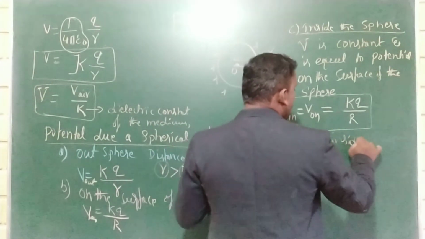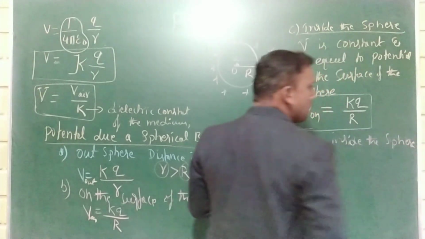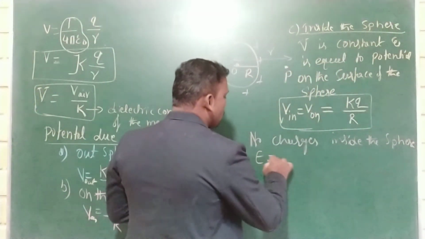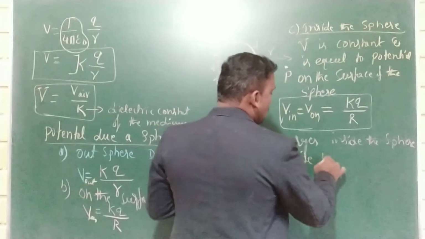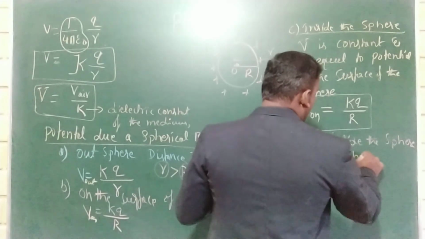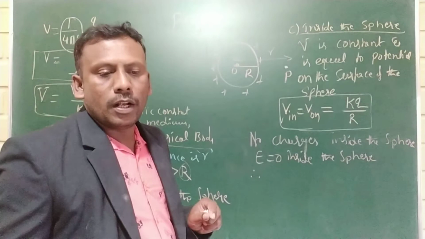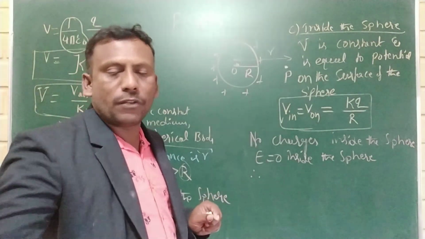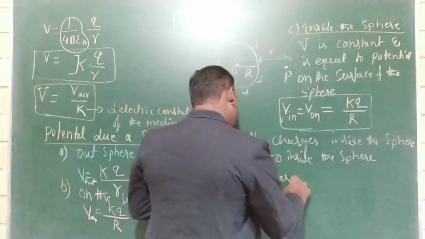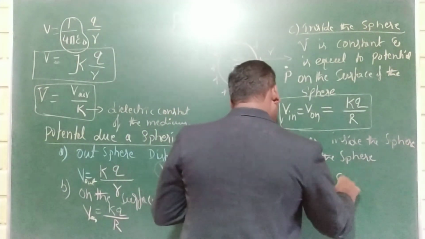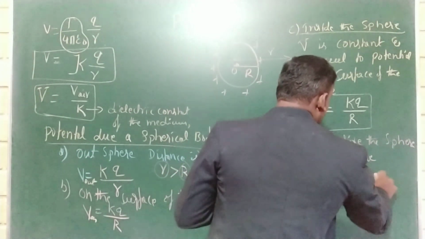Electric field E is equal to 0 inside the sphere. Therefore, there is no electric field to oppose the charge.